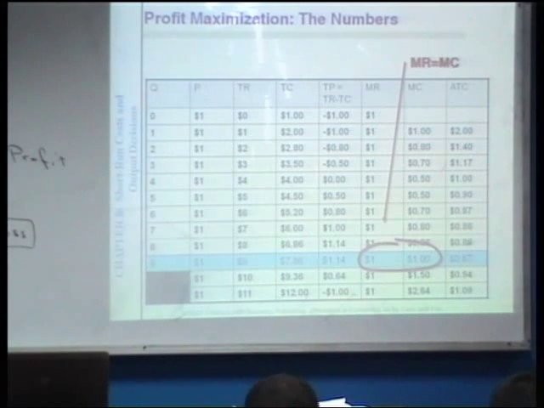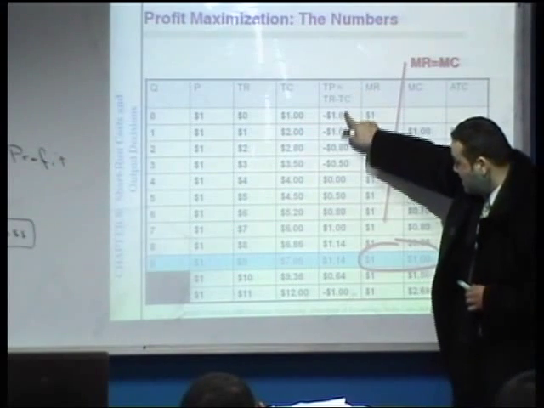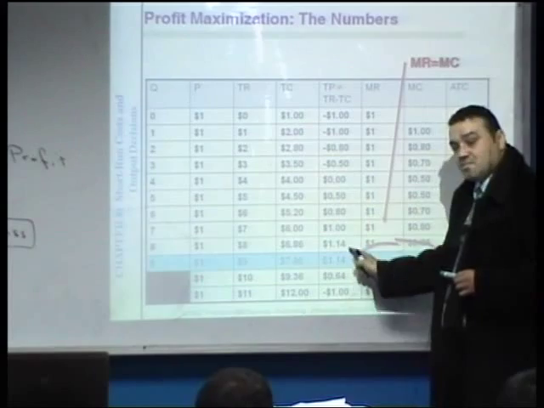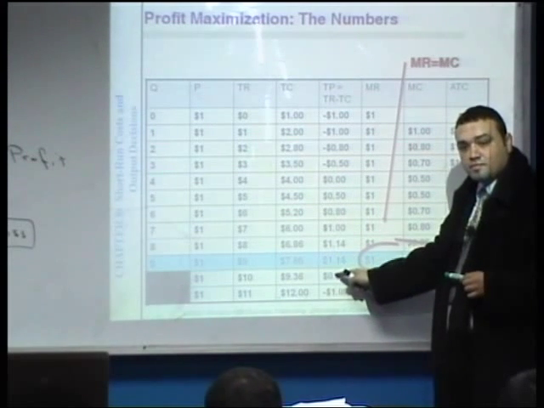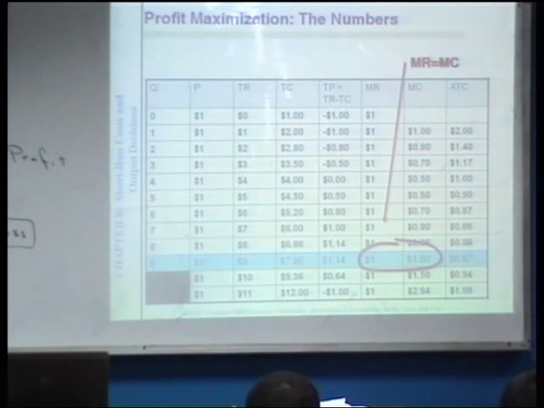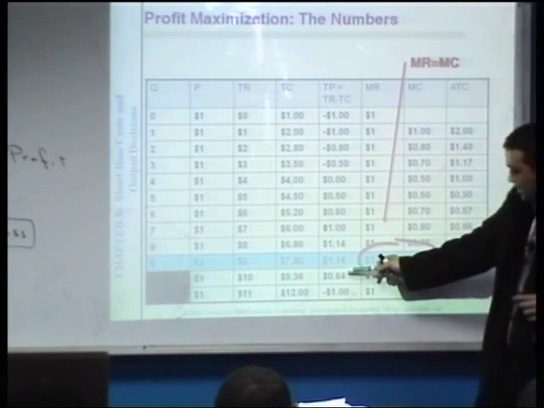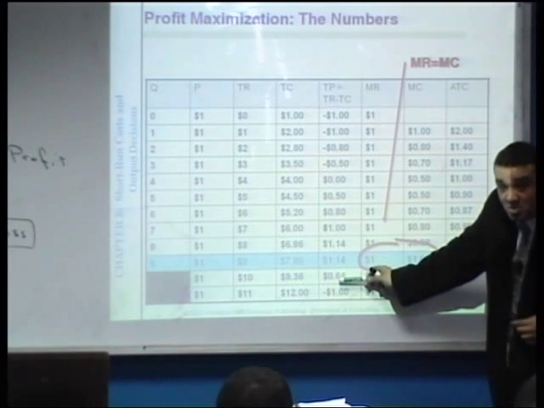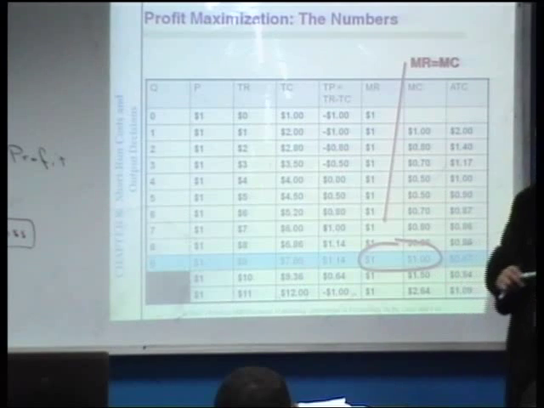Where is the highest profit achieved? Where is the largest value of profits? It's here. So what is the quantity that maximizes the profit? And then as you see, the profits started to decline and then become negative.